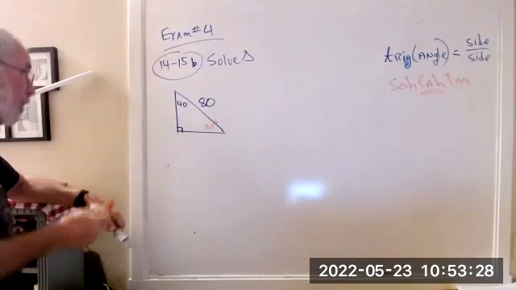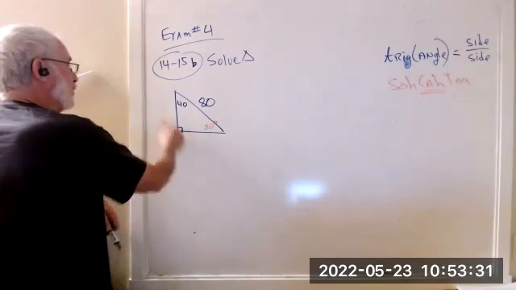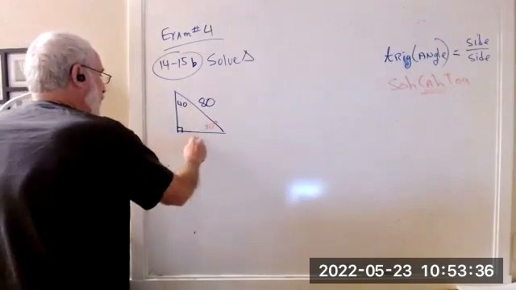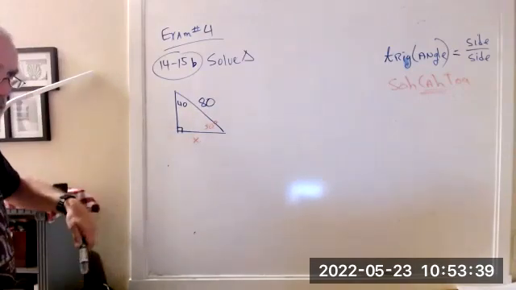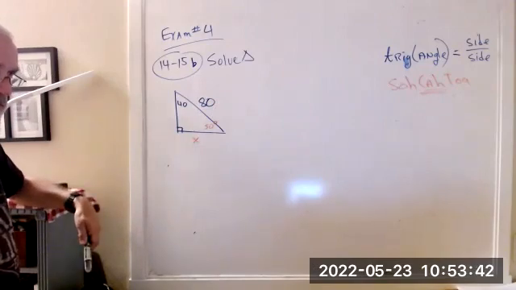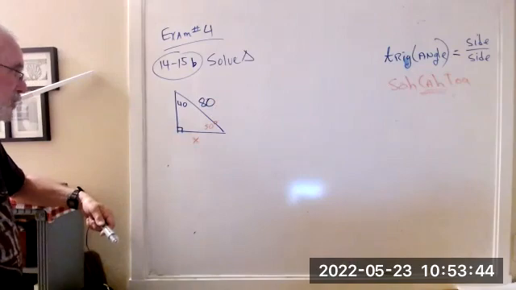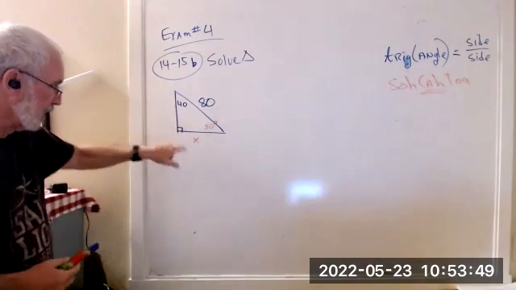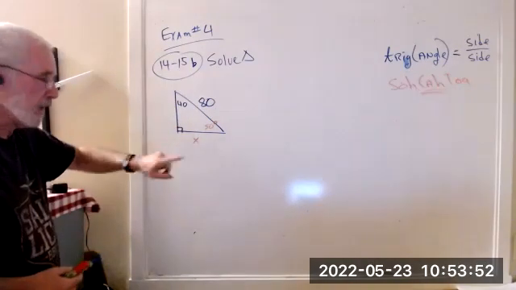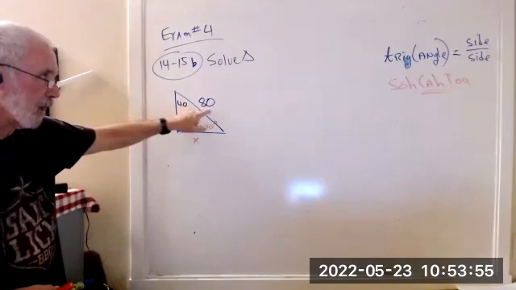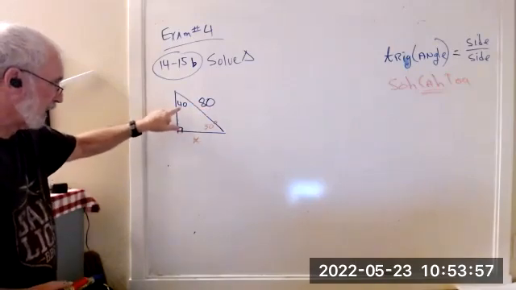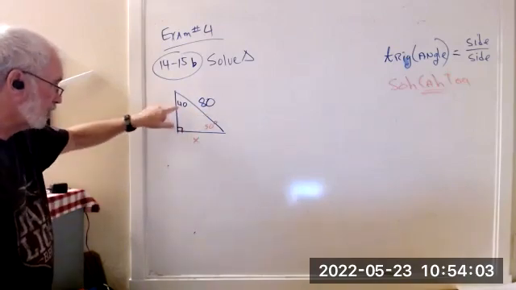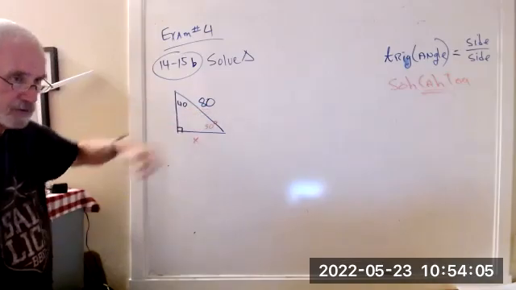Okay, so now I want to find one of the sides. Let's just say I want to find this side. I just picked one. Call it x. How do I use the information in the triangle to get there, knowing I have an angle and a hypotenuse? I can either use the 50 and the side and the hypotenuse, or I can use the 40 and the side and the hypotenuse.